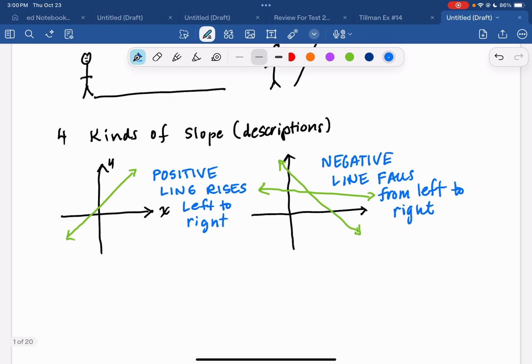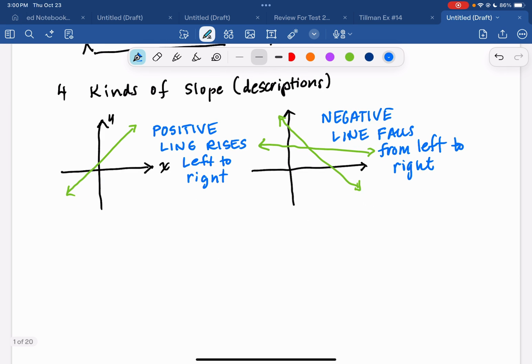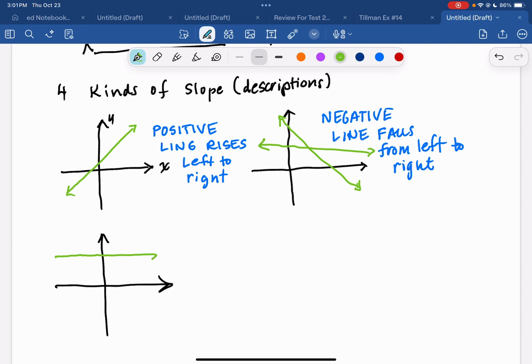Now, there are 2 other situations as well. You might not think about these, but I almost showed you one when I showed you walking there. And that is, there are some lines that don't rise at all. Pretend like that's exactly flat. That would be called a horizontal line.